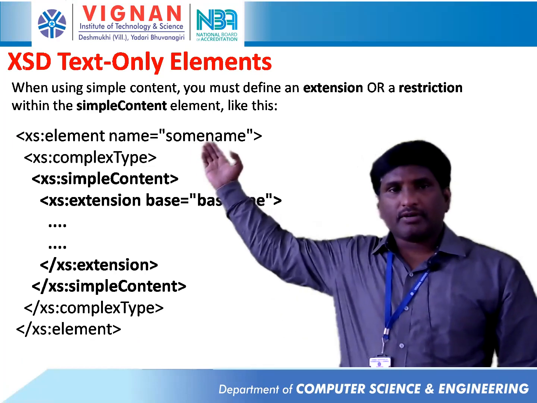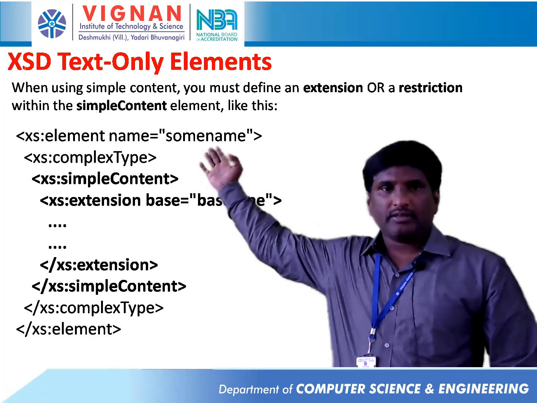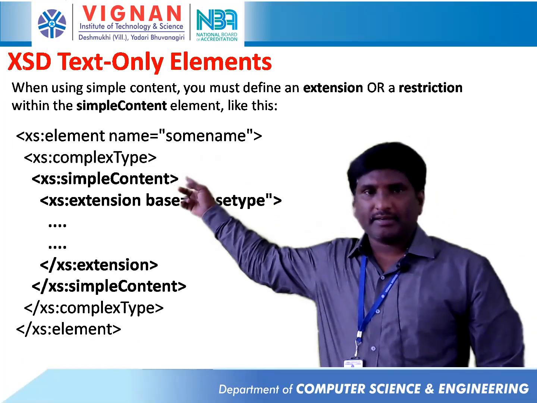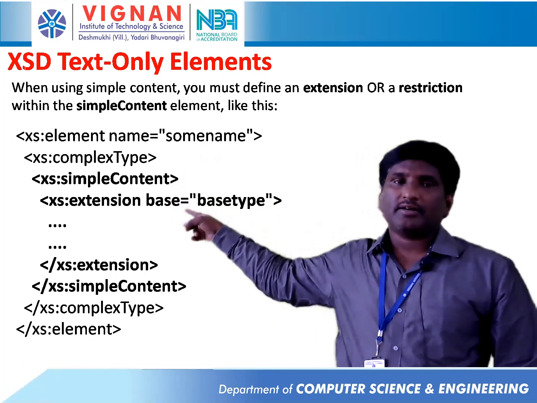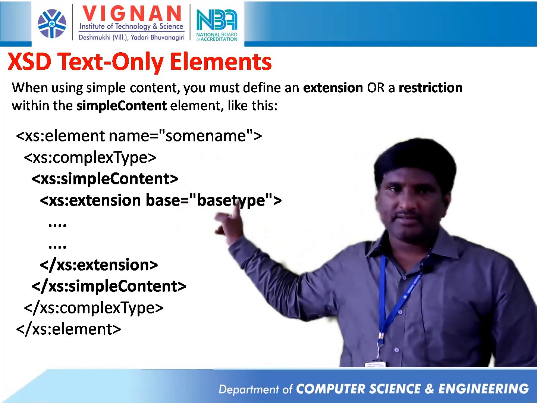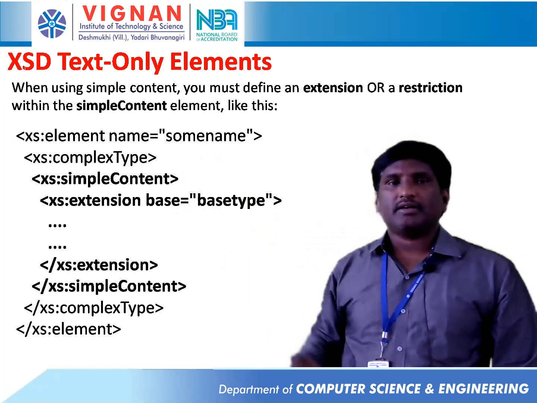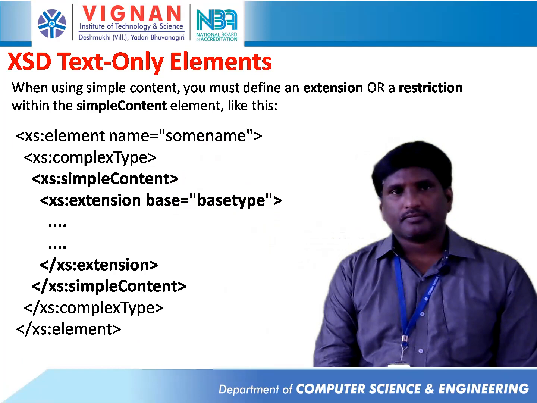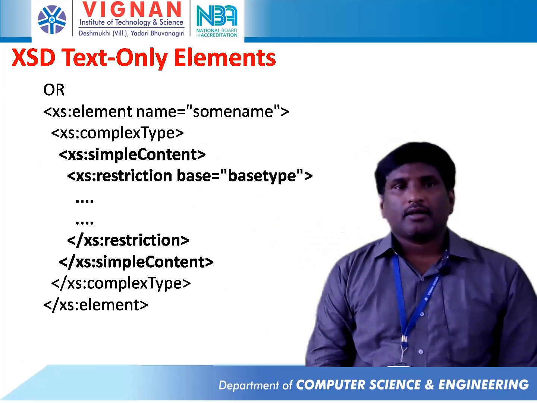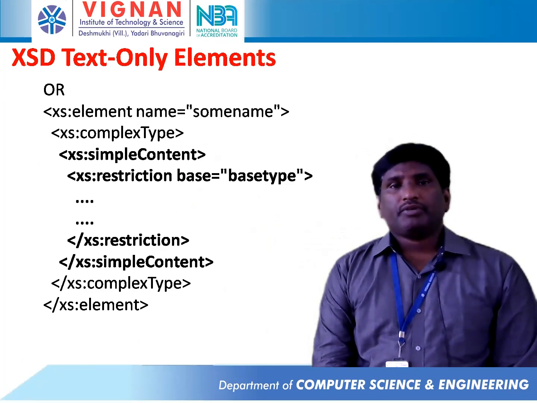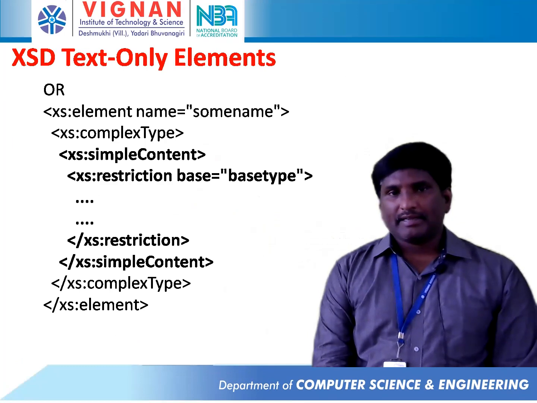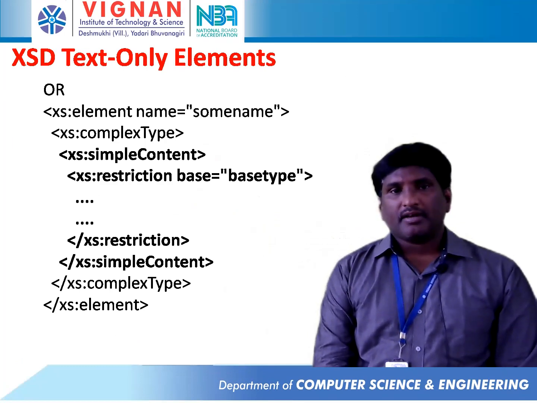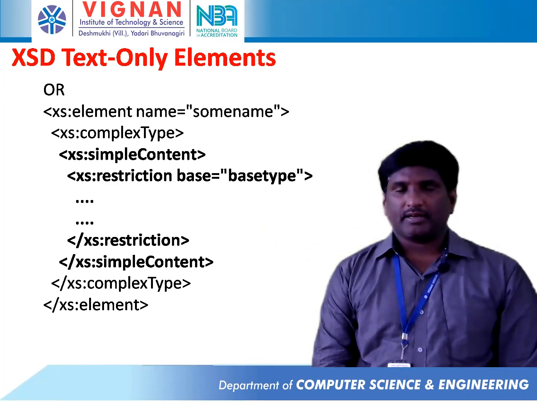So name equals some name we have written here, then complexType, simpleContent, and also xs:extension with a base type. In order to provide a text-only element, we provide simpleContent with extension base, or simpleContent with restriction base type, then close restriction and simpleContent.